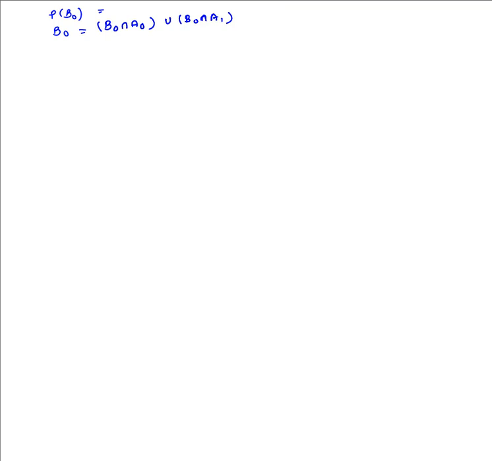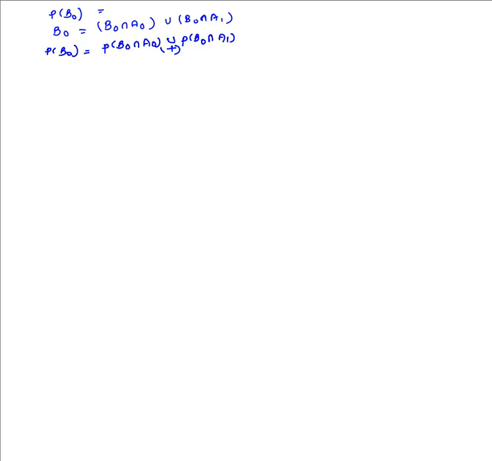So the total b naught can be written as b naught intersection a naught union b naught intersection a1, because b naught comprises only two events, a naught and a1. Now from this, probability of b naught can be written as probability of b naught intersection a naught plus probability of b naught intersection a1.